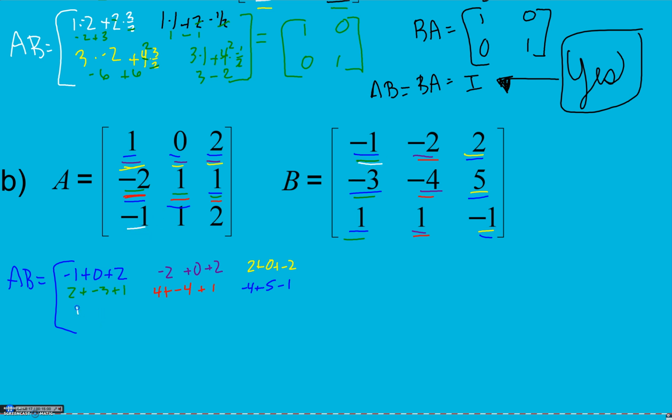Negative 1 times negative 1, 1 times negative 3, 2 times 1. Negative 1 times negative 2, 1 times negative 4, 2 times 1. And last one here, negative 1 times 2, 1 times 5, 2 times negative 1.